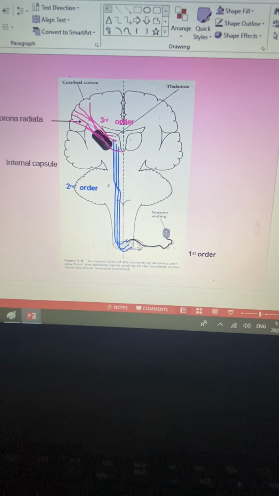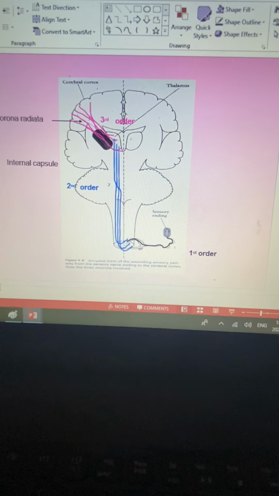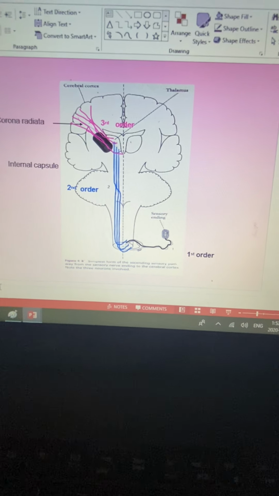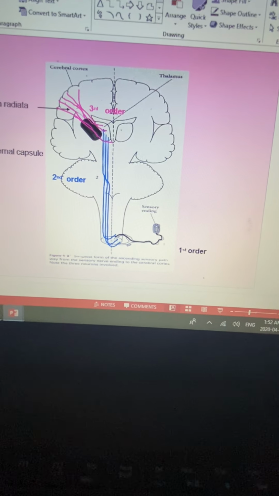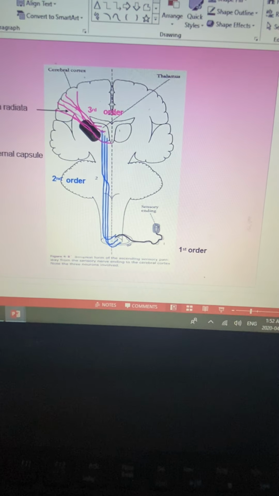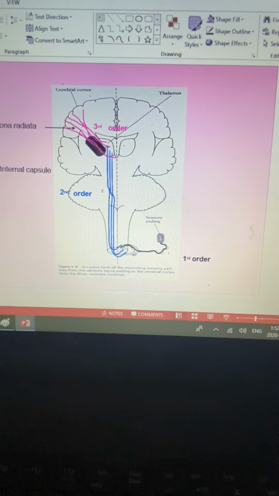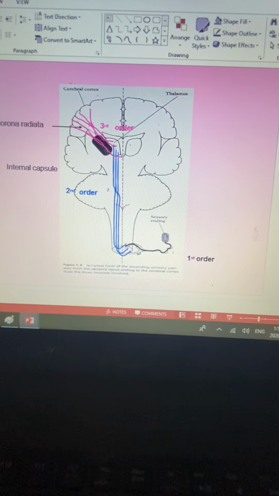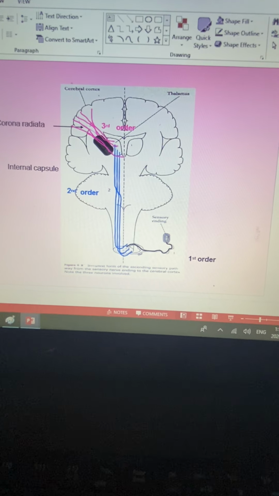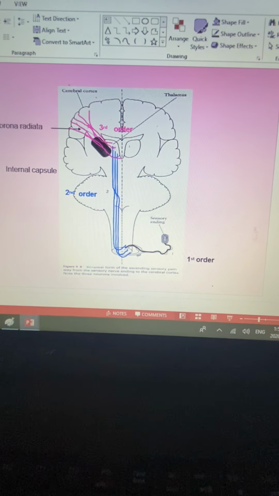It does not allow the spreading out of the fibers before their destination or origin. Right? It gives them a very good entry or a very good exit from the cortex. Right? From the crus cerebri, these blue lines enter into the internal capsule. You have seen a capsule like a moxil capsule. What is it? When you open it, you find a lot of white powder in it. Right?